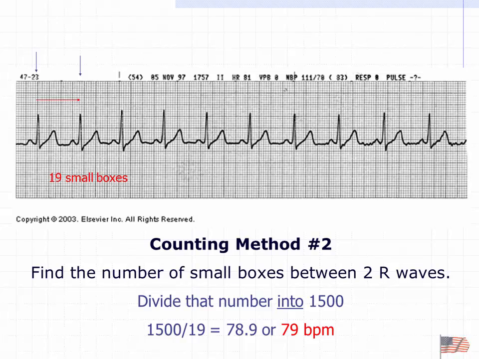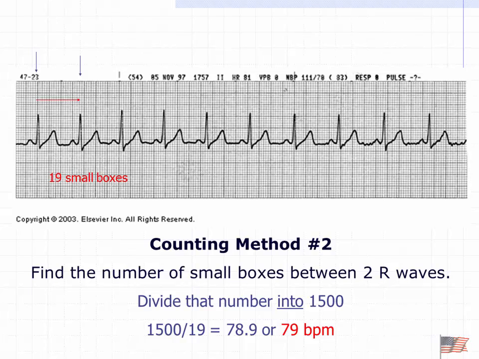So here's my point. 5, 10, 15, 16, 17, 18, 19. Divide 1,500 by 19, and my heart rate is 78.9, so 79. Did they all kind of give me the same answer? Yeah. The last one is the most precise.